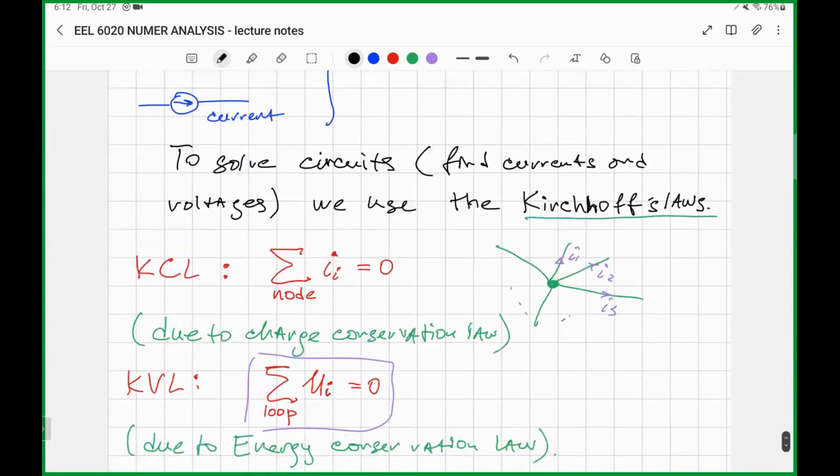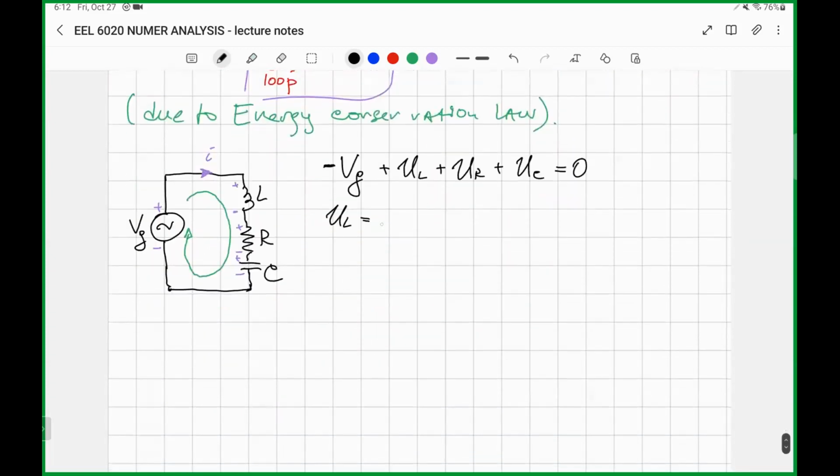So it's going to be L dI_L over dt. This is just one loop, and we have the same current flowing through all these elements.